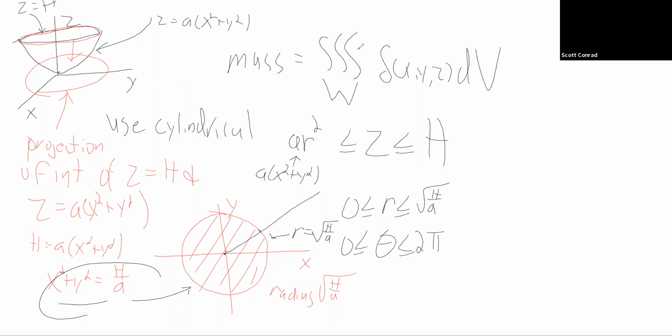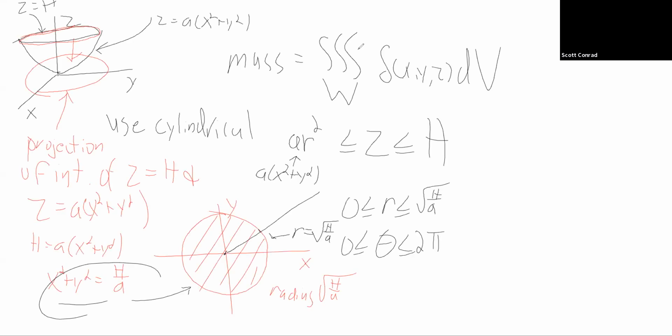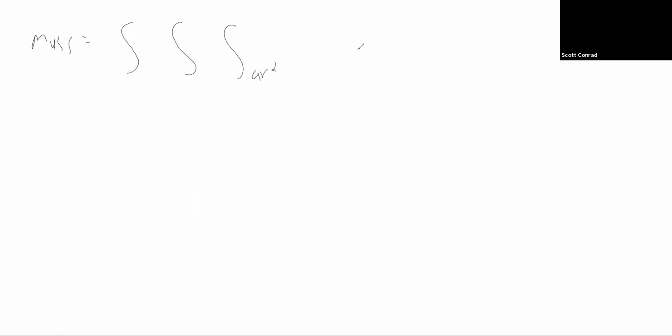So setting up our integral, we get z goes from a r squared to h. r goes from 0 to square root h over a.